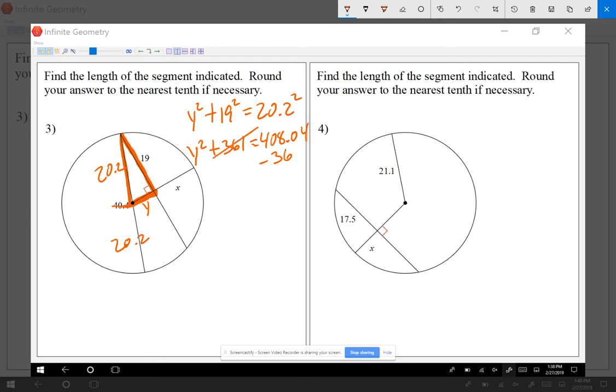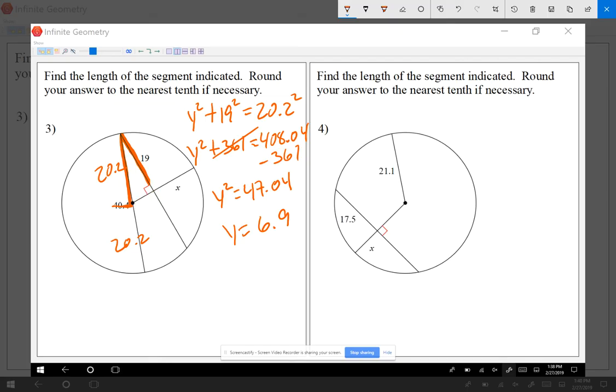Let me subtract 361. So I get that y squared equals 47.04. Let me get the square root of that. And I get that y is equal to 6.9. That's what y is.